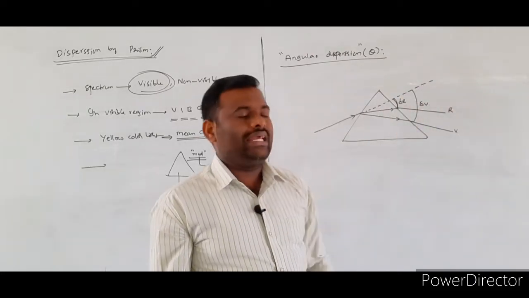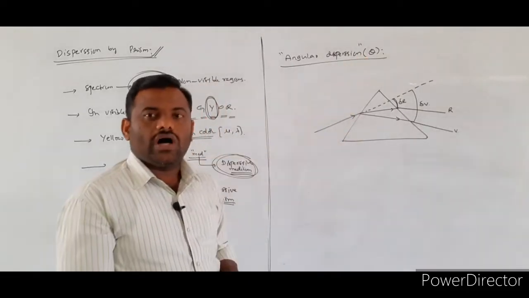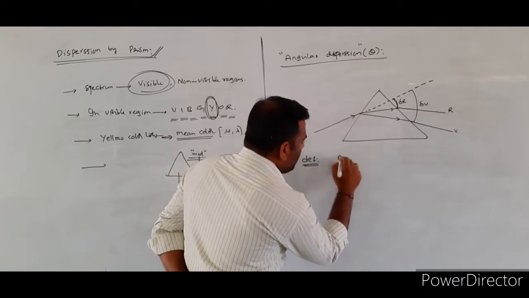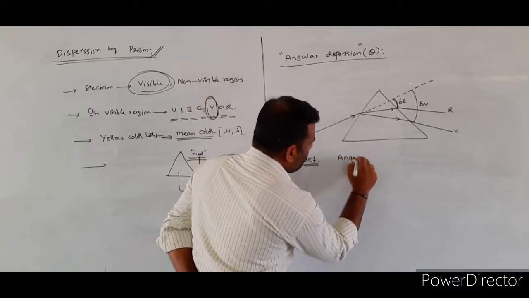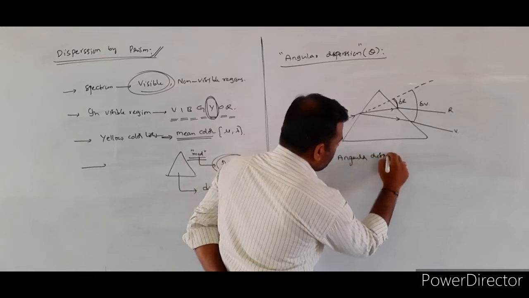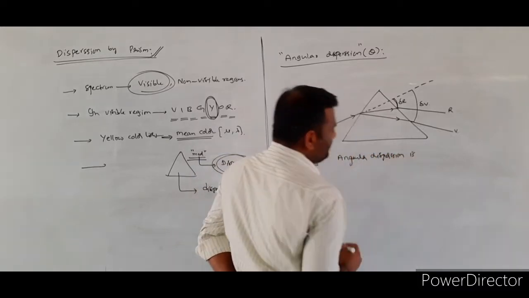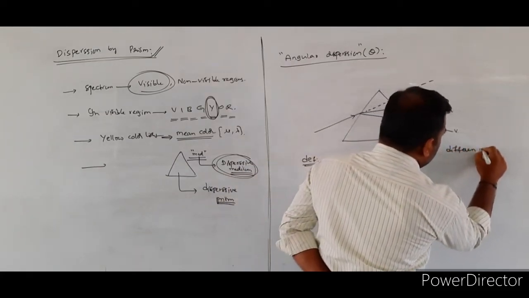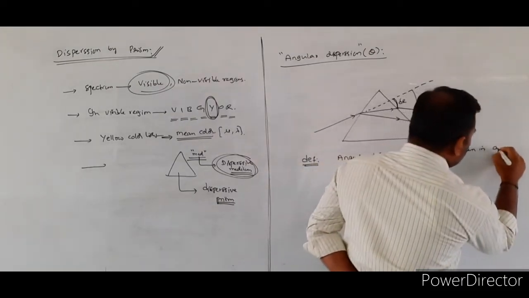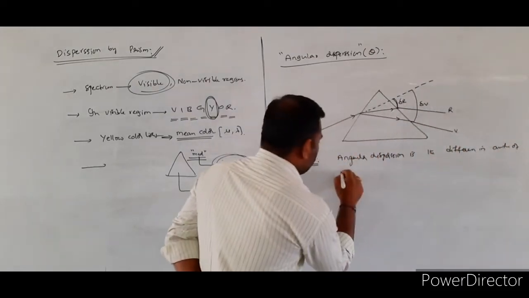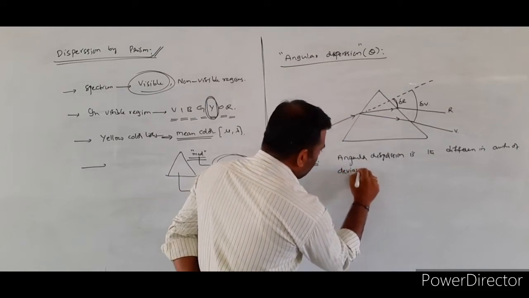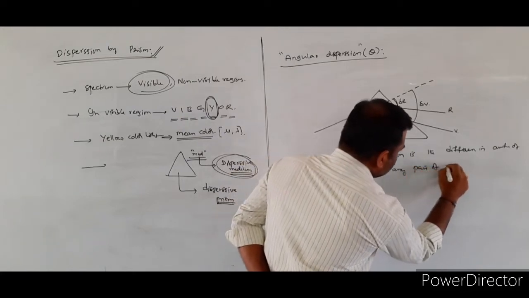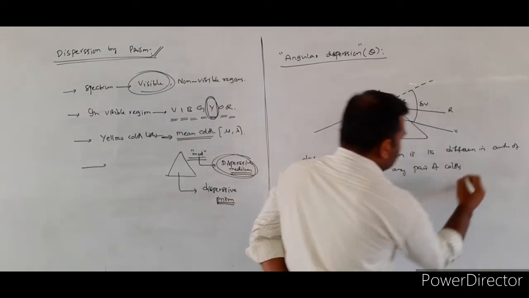Definition: angular dispersion is the difference in angle of deviations of any pair of colors of light.